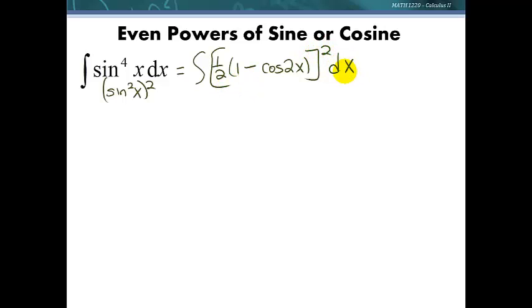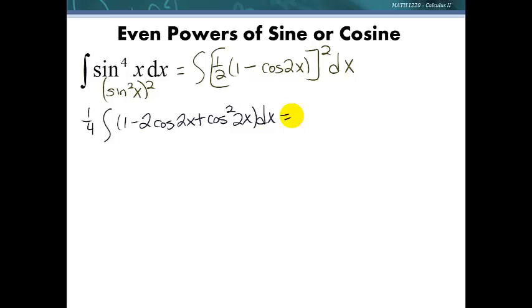Now let's see what we can do with that. We've got this constant 1/2 that's squared. We can square that and bring it out in front, and then have the integral, and we can multiply this out. So this would be 1 minus 2 cosine 2x plus cosine squared 2x dx.